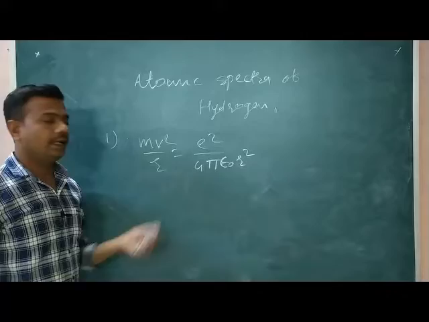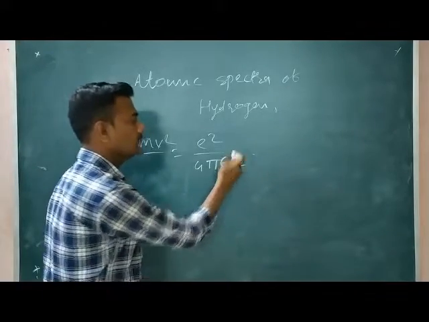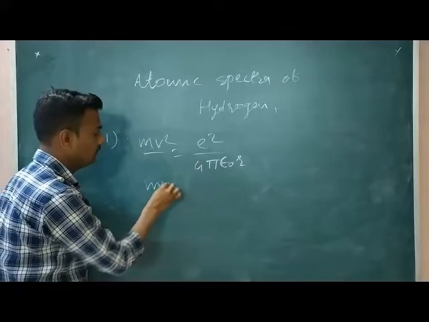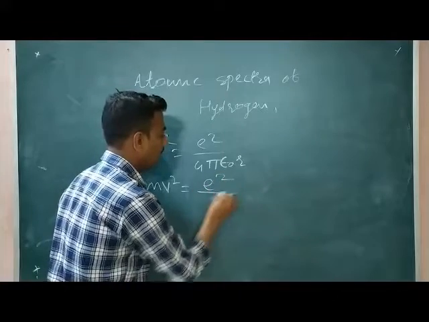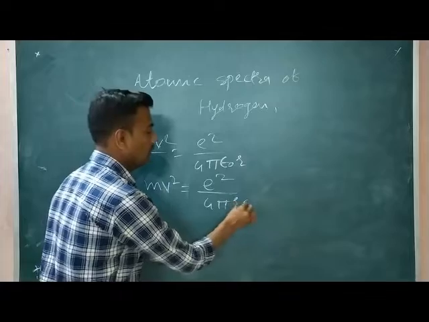Cancelling one r, we get mv square equals e square divided by 4 pi epsilon 0 into r.